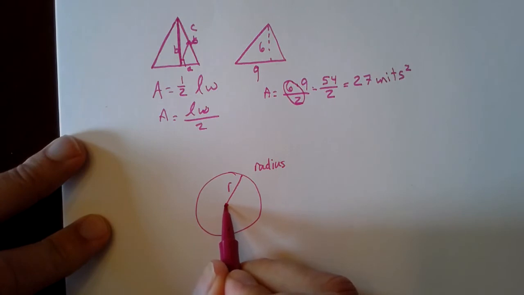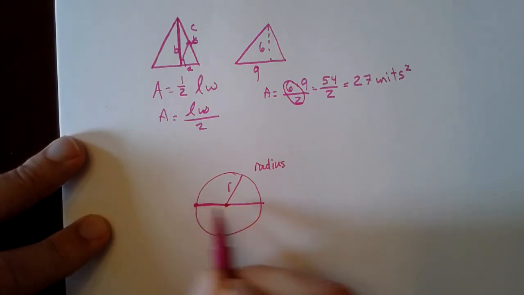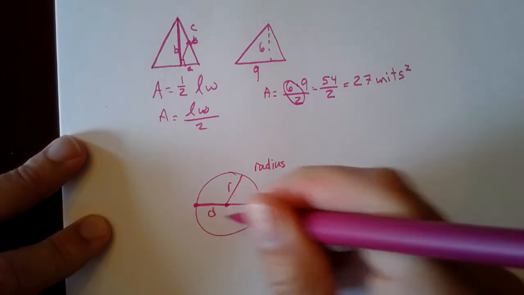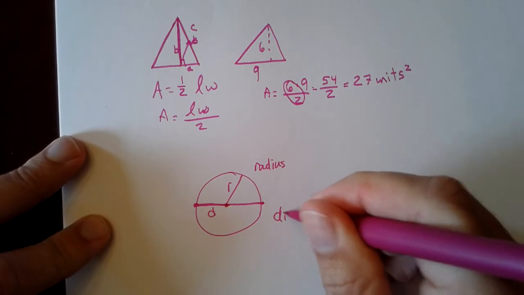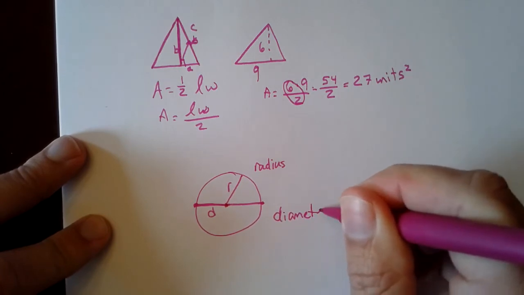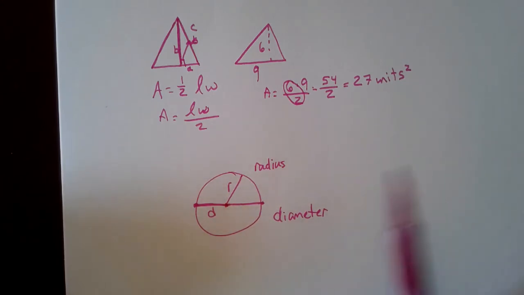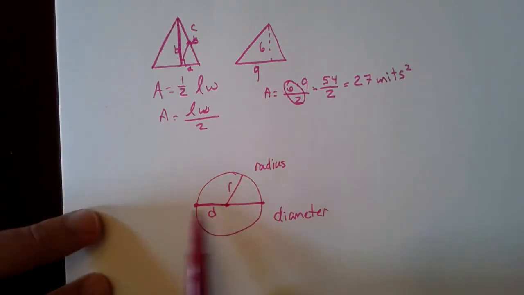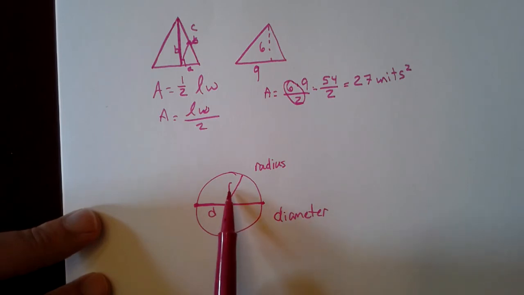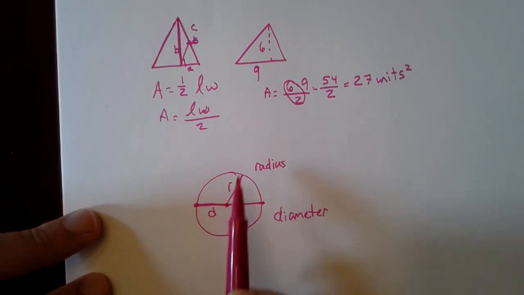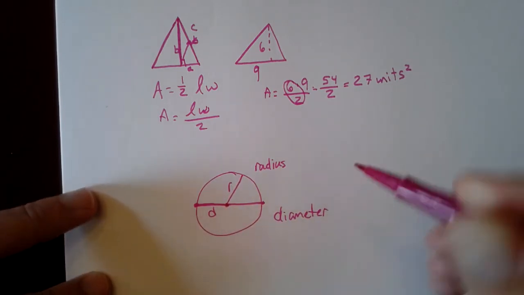Now, if you have another radius, but, you know what? It goes all the way through. It goes from one end of the circle to the other, straight through the center. That is going to be the diameter of the circle. You're often going to be given one or the other, but if you know the diameter, you cut that in half, you have the radius. If you know the radius, you can double it to get the diameter.